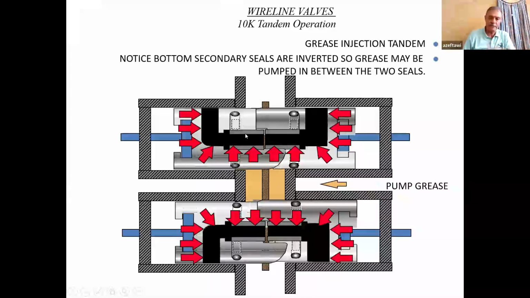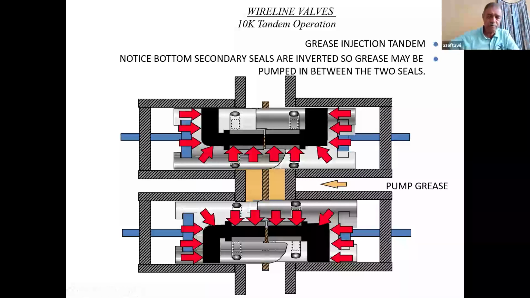And on the other side, this is the inner seal, this is the outer seal. When you close it, it takes U shape, preventing a well pressure escaping from this direction. But if we invert it upside down, it is to withstand pressure from above.